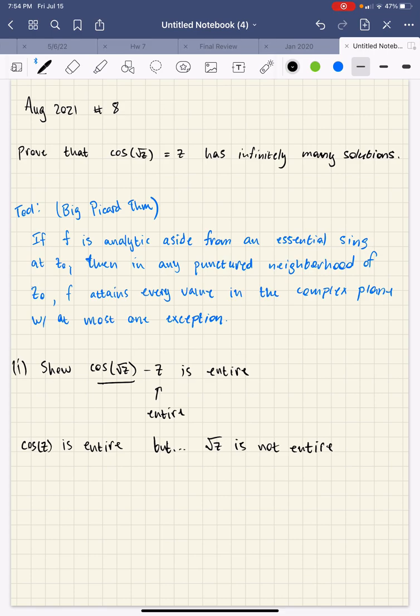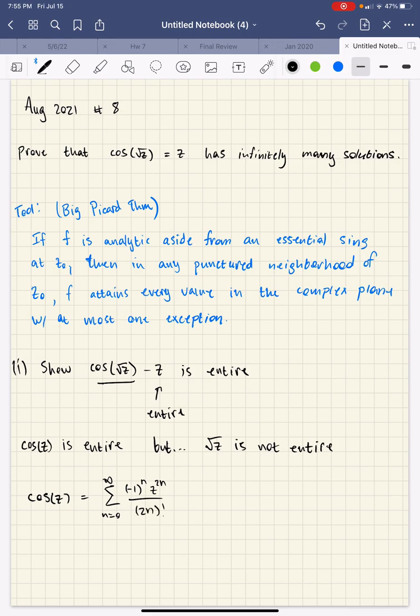So the easiest way to see this, at least algebraically, is to just write down the Taylor series for cosine square root of z. Cosine of z is just the sum n equals 0 to infinity of (-1)^n z^(2n) over (2n)!.